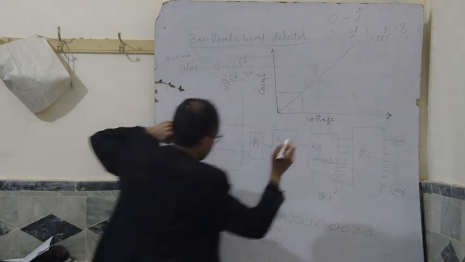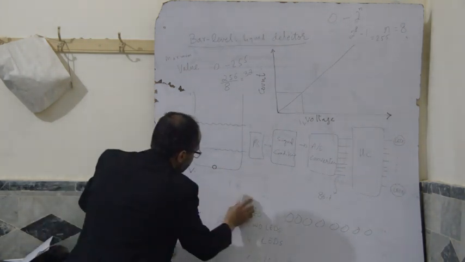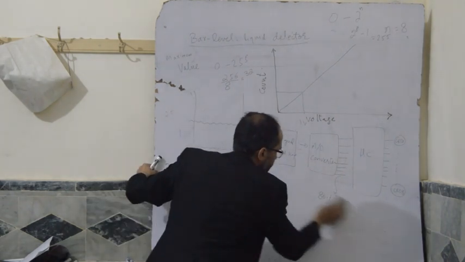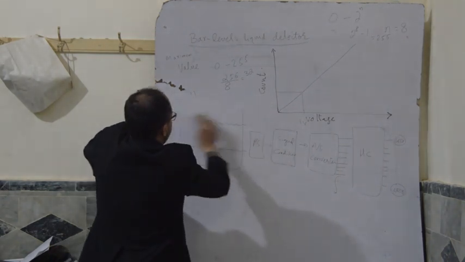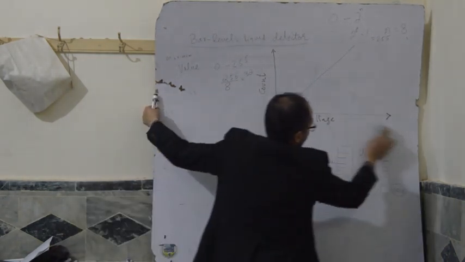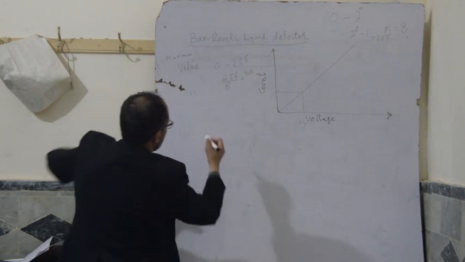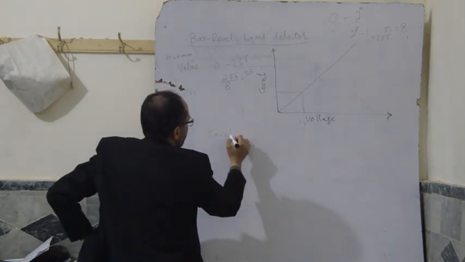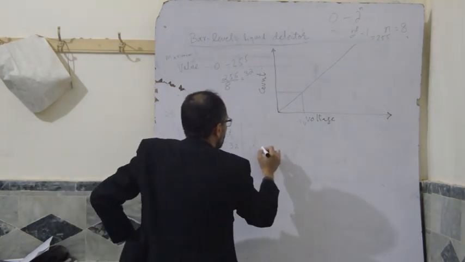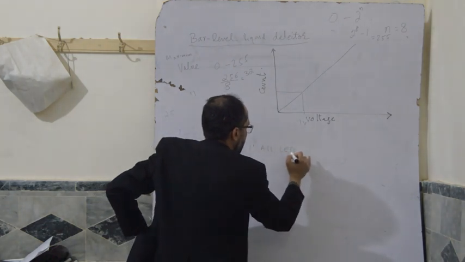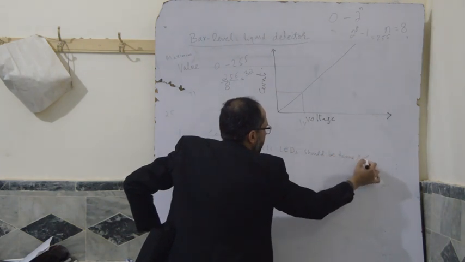So we can write a program for this system. If the count value is less than 32, all LEDs should be turned off.